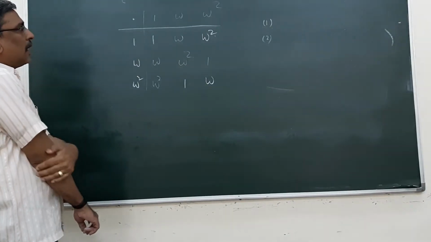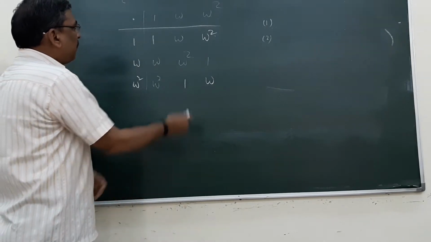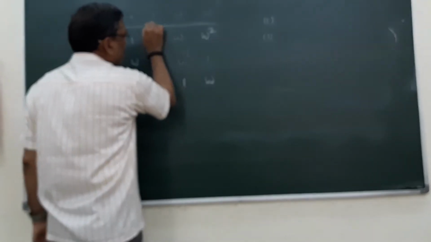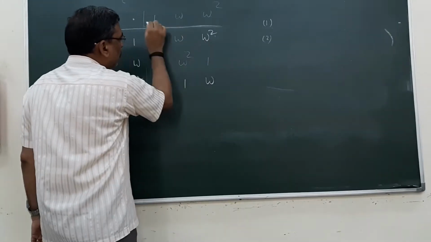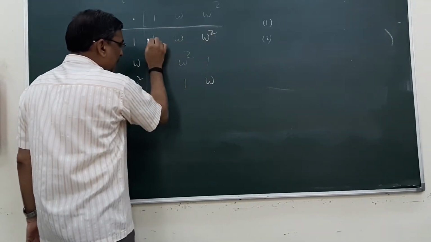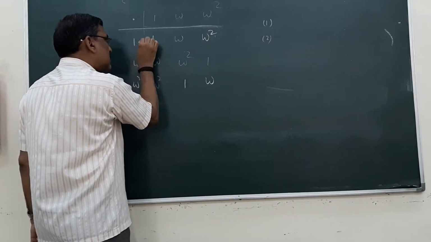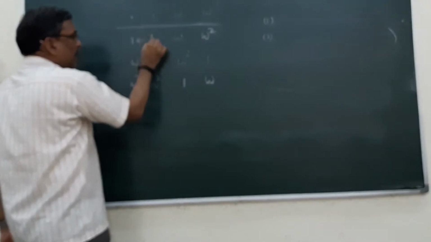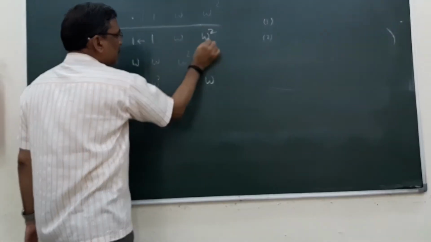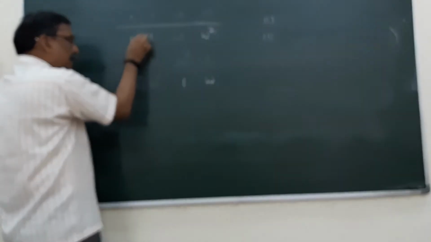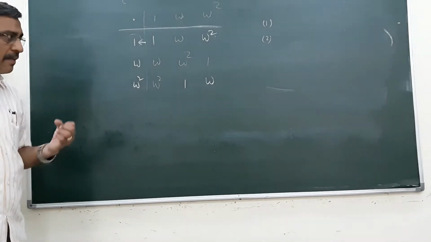Now, about identity and inverse. If the entries of a row match with any row of the table, then the entry to the left of this row is known as the left identity.